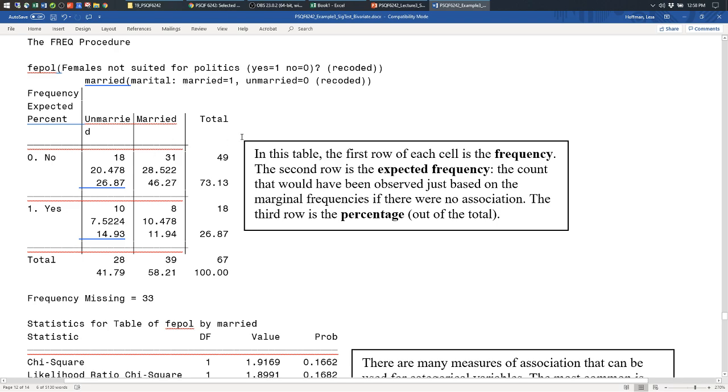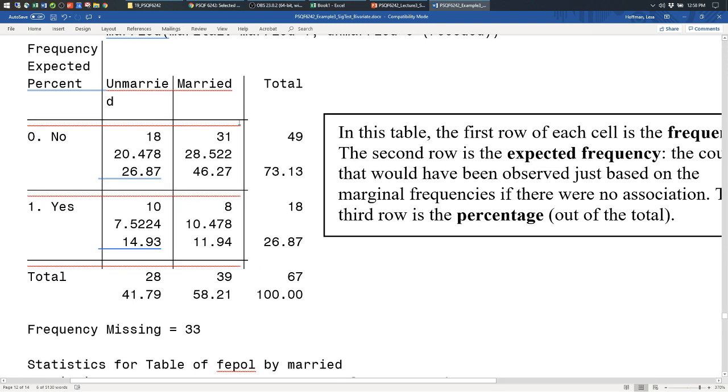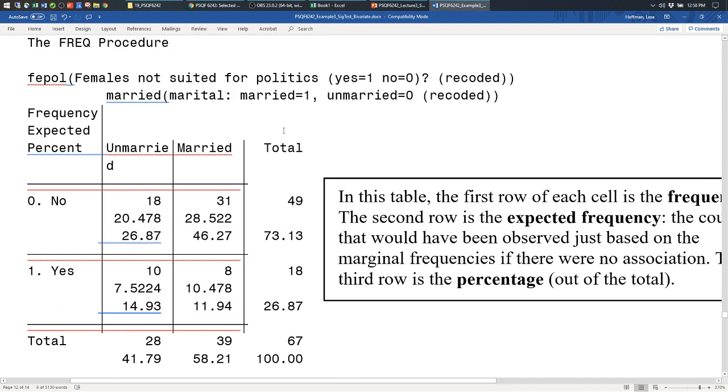So in this case, for instance, using the GSS data, I'm looking at whether or not someone thinks that females are not suited for politics. So saying yes means bad Hillary Clinton, Elizabeth Warren, etc. No means okay. So this is sort of like misogyny or something. It's a fun variable.